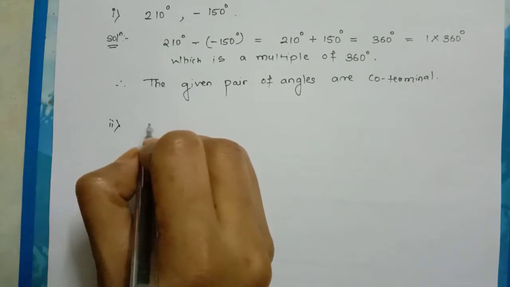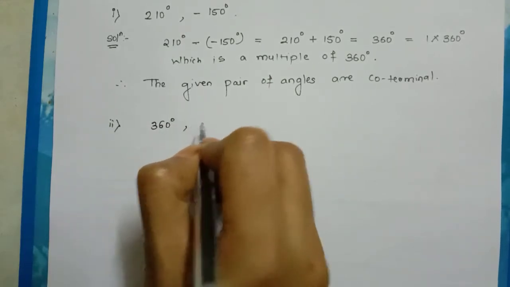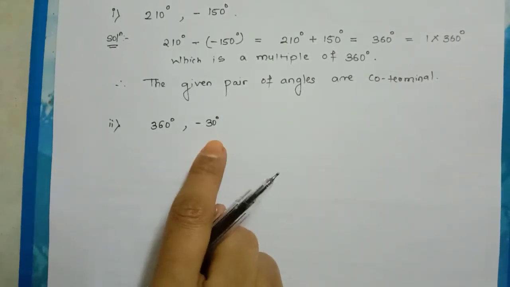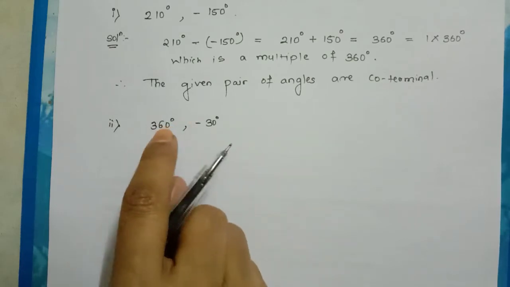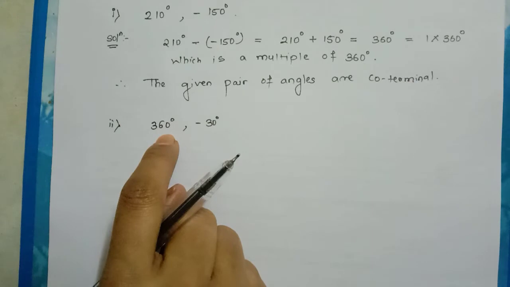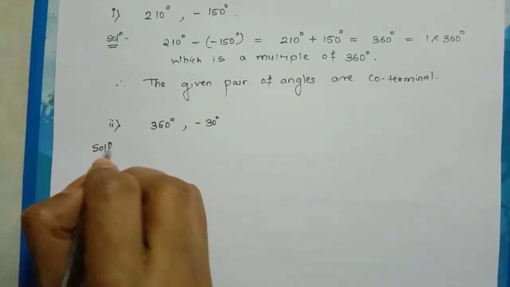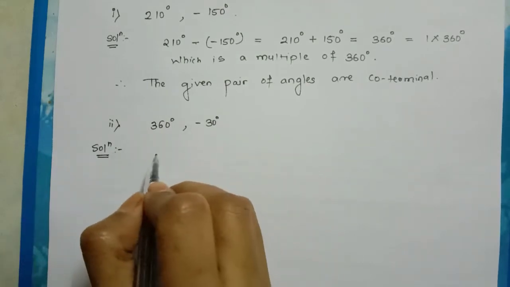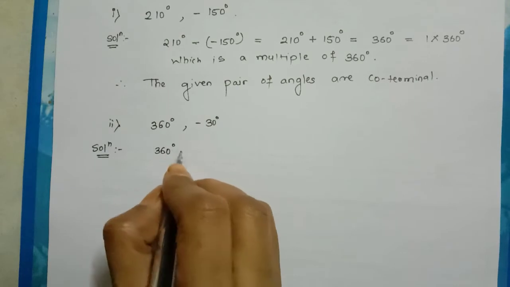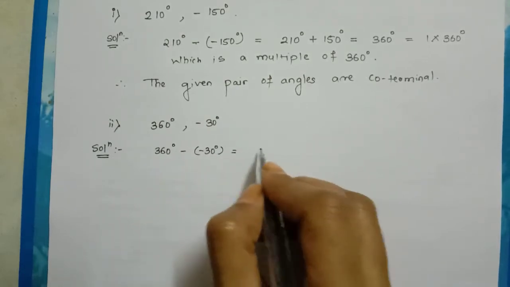Here for the second sum, the pair of angles are 360 and the second one is minus 30 degree. So these are the two angles. I have to check whether this pair of angles is coterminal or not. So we'll apply the same method here also. We'll go for the difference of these two angles. So it will be 360 degree minus of minus 30 degree. Let's open the bracket.